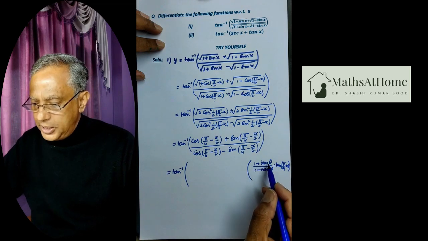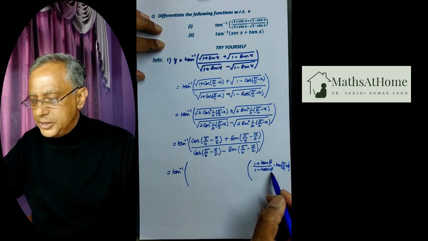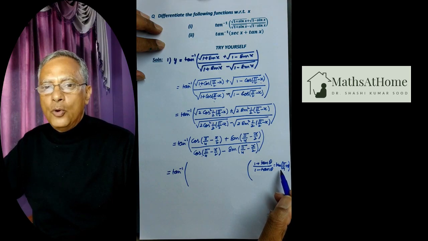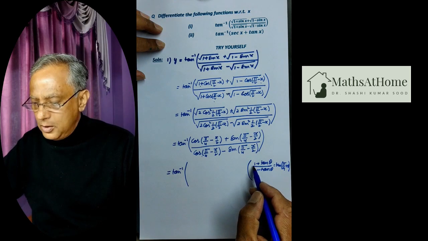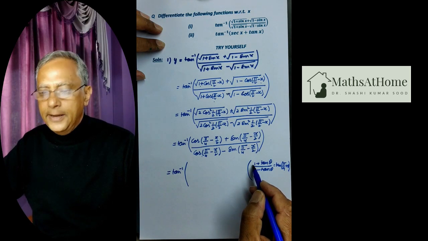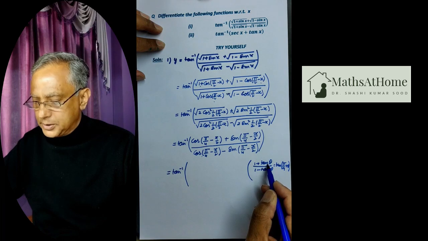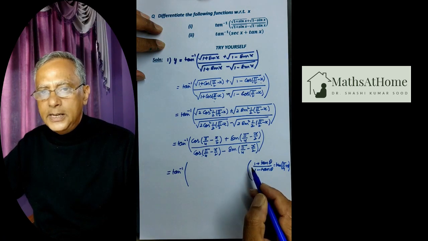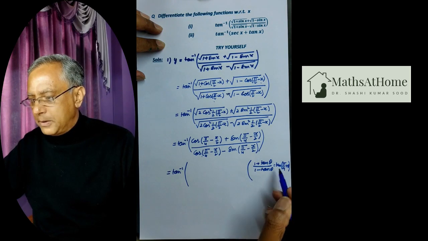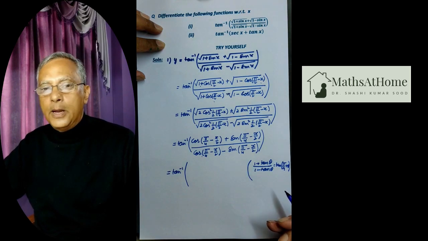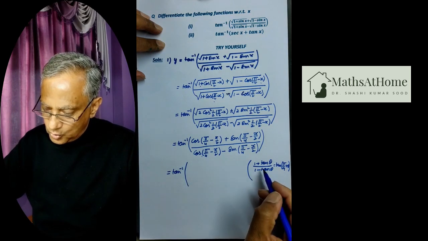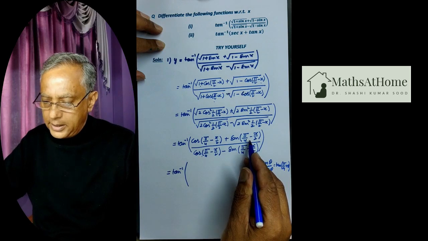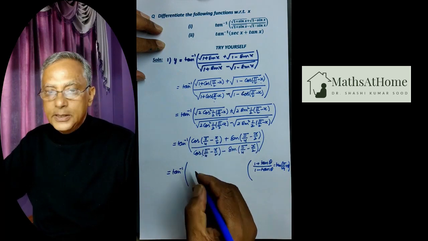Tangent of a plus b is tangent a plus tangent b over 1 minus tangent a tangent b. But tangent of a is tangent of pi by 4, and tangent of pi by 4 is 1. So we will have 1 instead of tangent a. So the formula for tangent pi by 4 plus theta is 1 plus tangent theta over 1 minus tangent theta. So we will arrive at this formula. So what we do is we divide numerator and denominator by cos of this angle.